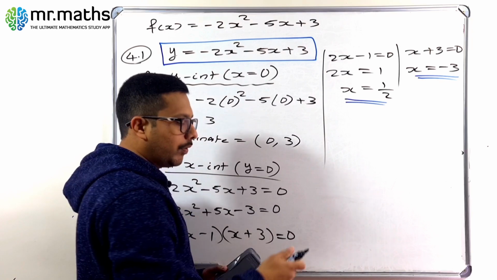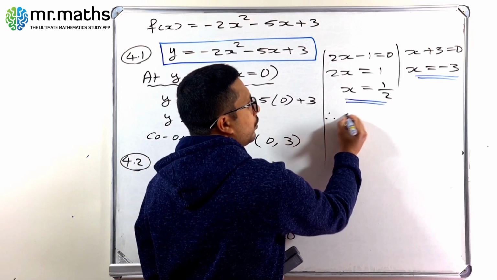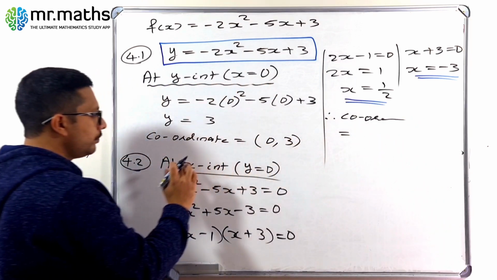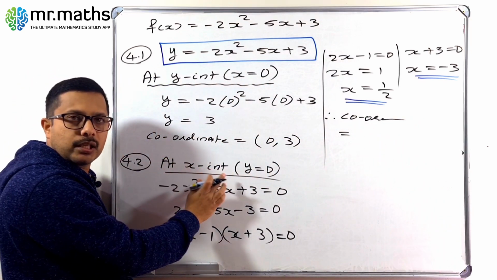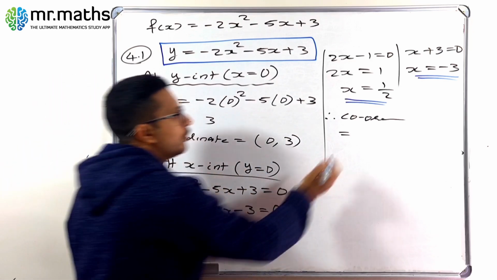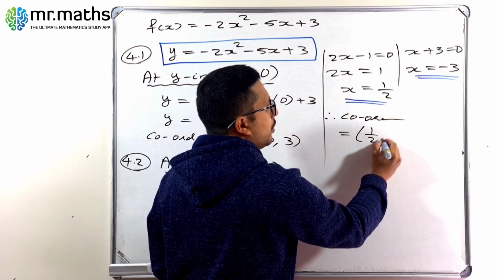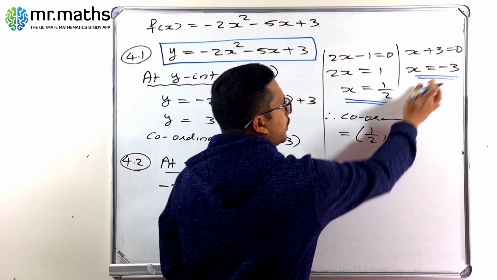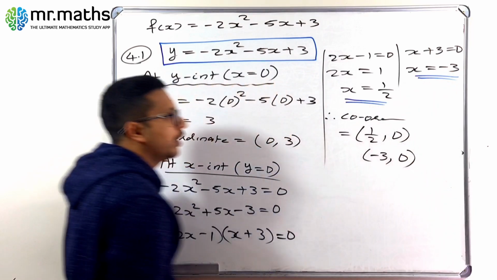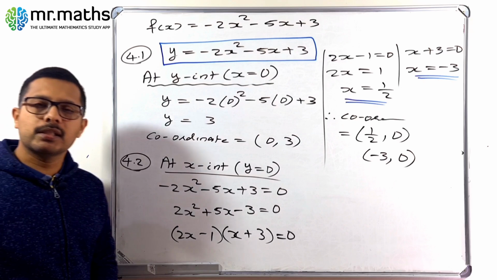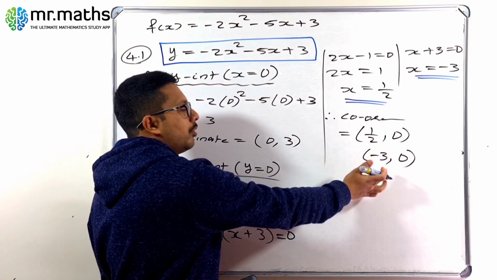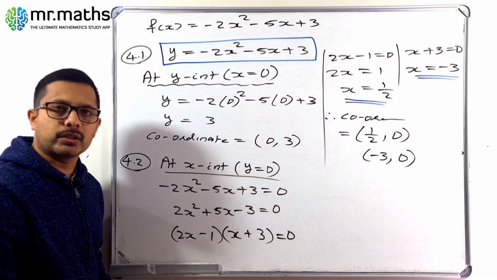So what is the coordinate? Here we are trying to find the x-intercepts. So what is the y value? The y value is 0. So the first one is half comma 0 and the second one is minus 3 comma 0. Those are the x-intercepts. So the x-intercepts are 1 over 2 comma 0 and minus 3 comma 0.